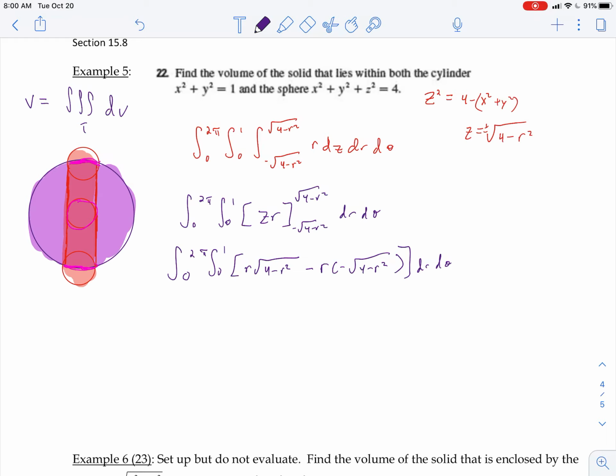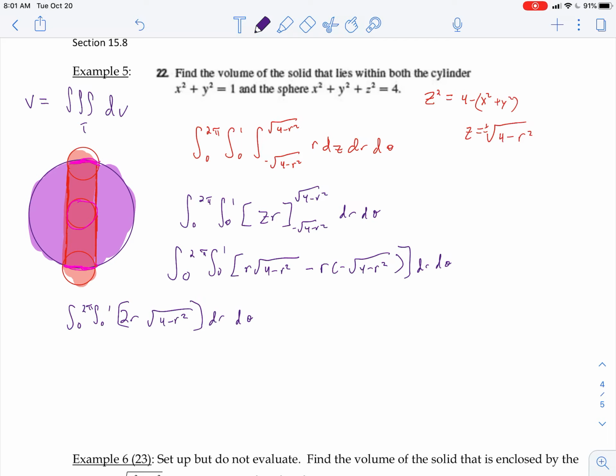So really there's just two of those. So this is going to be a positive 2r square root of 4 minus r squared. So we're left with 0 to 2 pi, 0 to 1, and 2r square root of 4 minus r squared dr d theta.